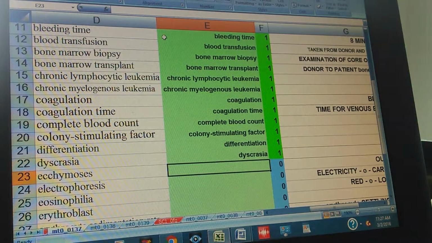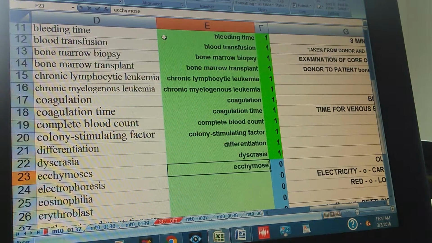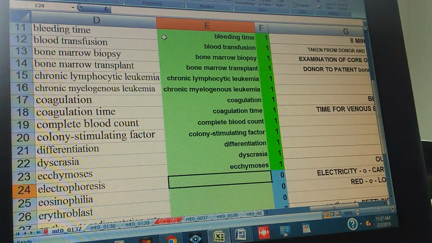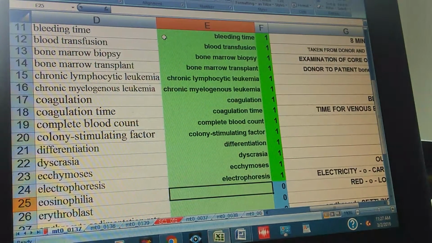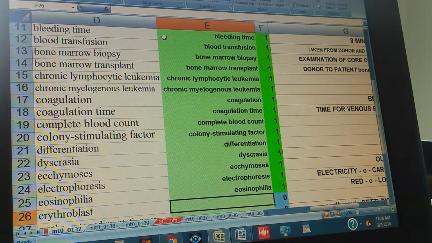Dyscrasia. Ecchymosis. Electrophoresis. Eosinophilia. Erythroblast.